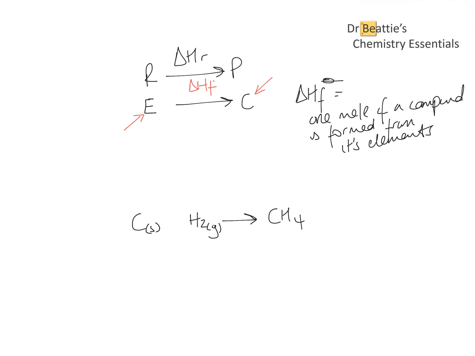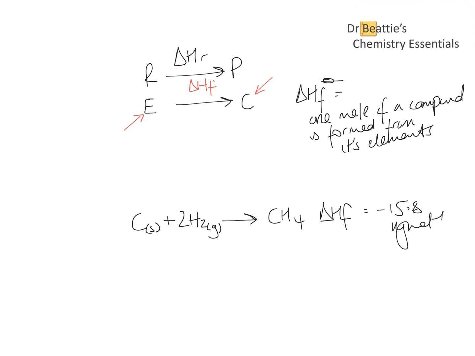And because we've got 4 hydrogens on the right hand side, we need to put 2 in front. And so this is an example of delta H formation, and this value is minus 15.8 kilojoules per mole.